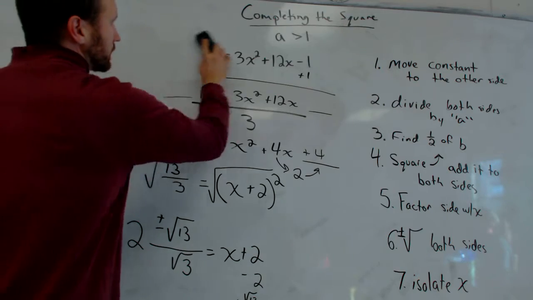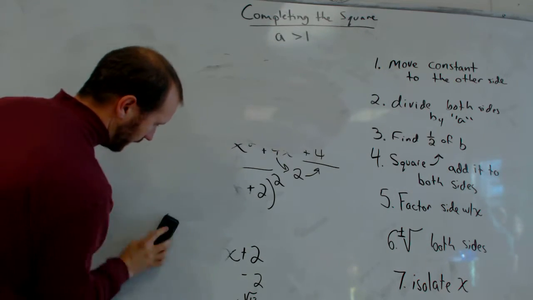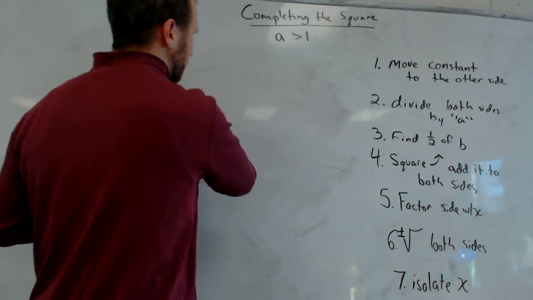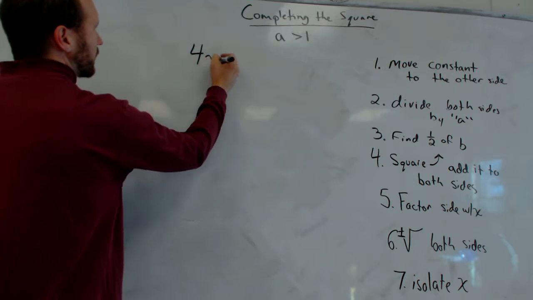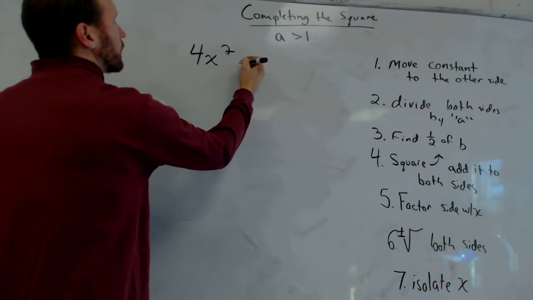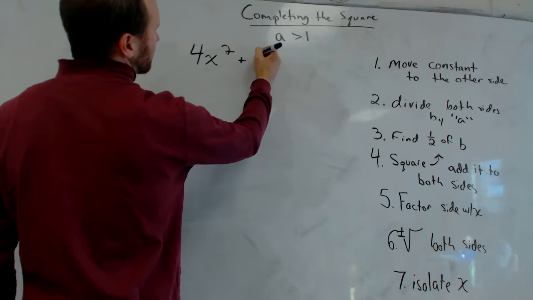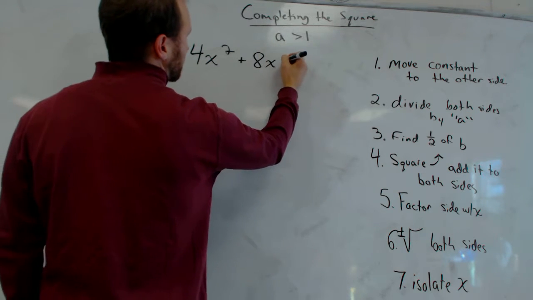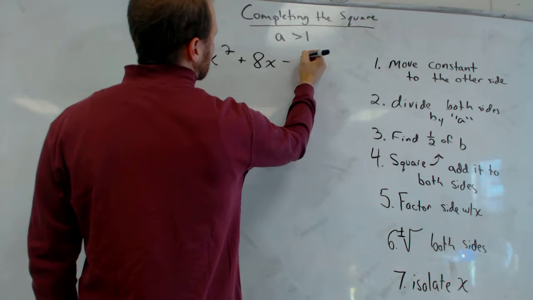Alright, let's do another example. What if I had something like this: 4x squared plus 8x minus 5.